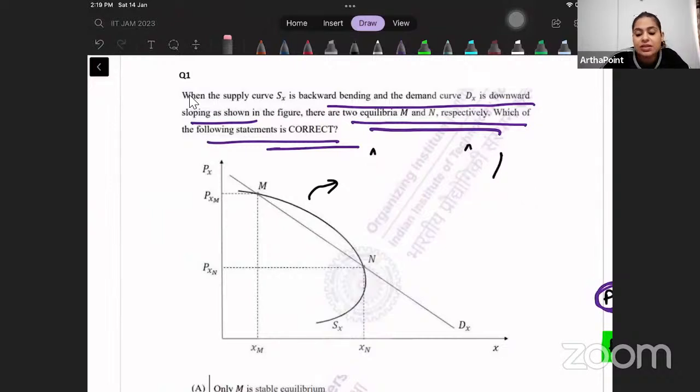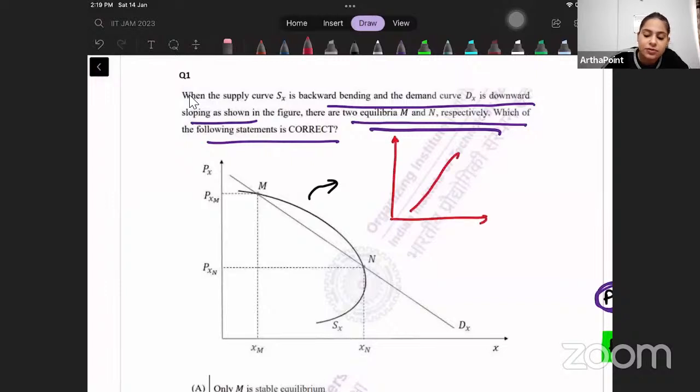So maybe the next time I can make an upward sloping demand curve and an upward sloping supply curve of a product, and ask you, is this going to be a stable equilibrium or not? You are supposed to analyze these situations and think about what happens under other different kinds of situations also.